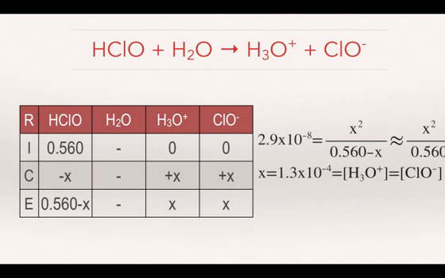To calculate our pH, we simply take the negative log of that hydronium concentration, and we get 3.89, and our pOH is 10.11. We find the pOH by simply using the 14 equals pH plus pOH formula. So our initial pH for this solution prior to any base being added is going to be 3.89.